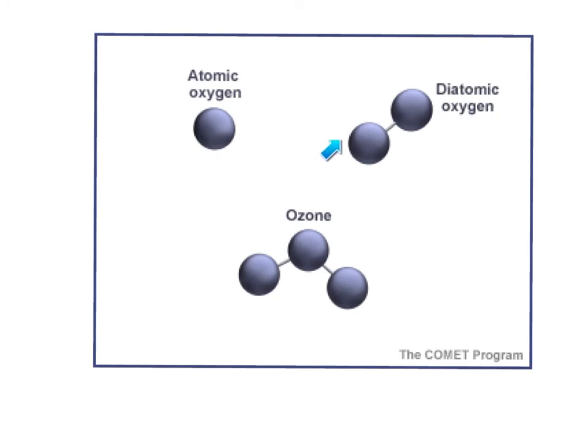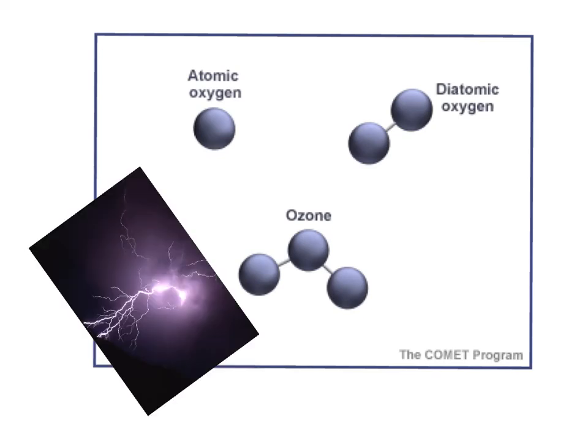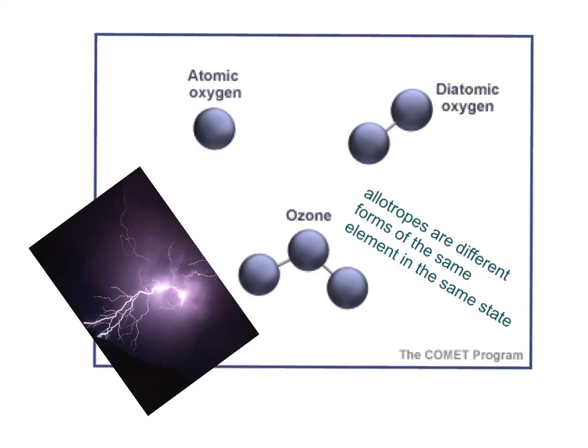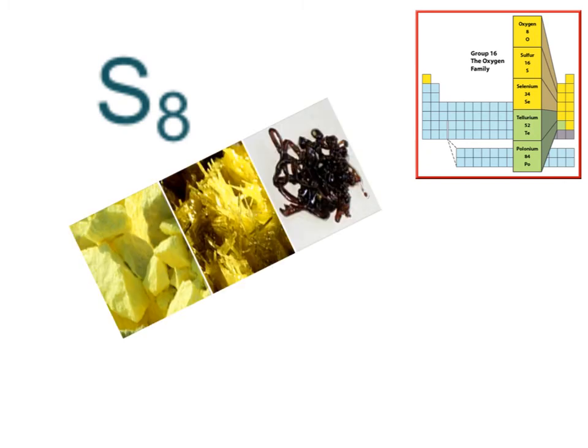Oxygen's usually diatomic, but it also has an allotrope, O3 or ozone, which is produced by lightning and is kind of smelly. Below oxygen we have sulfur, which has a few allotropic forms, but the most common is S8. And sulfur has a lower electron affinity than oxygen, so it doesn't bond as easily as oxygen does.